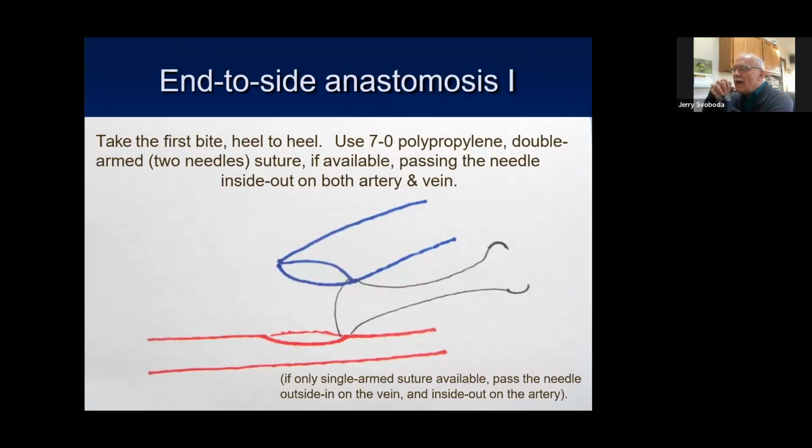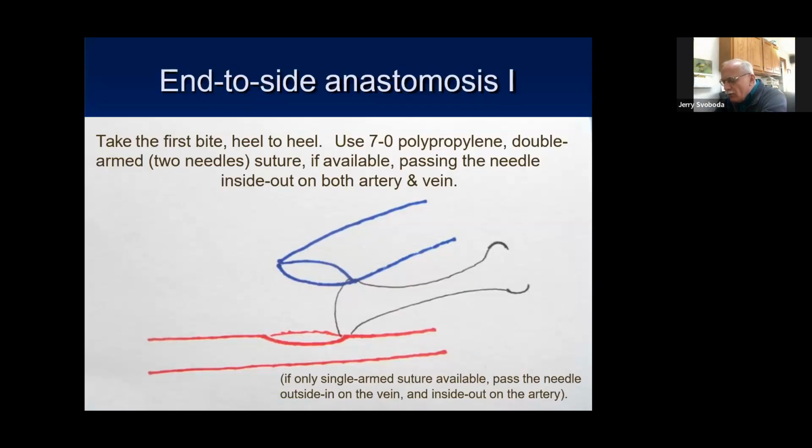You go inside out on the artery and inside out on the vein to start. After that point, you go inside out on the artery and outside in on the vein. If you have a suture that has only 1 needle, then go inside out on the artery. It's better than memorizing these things.